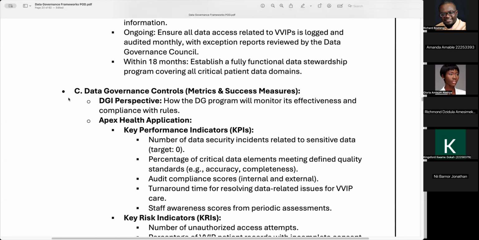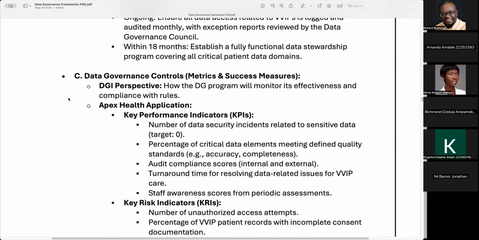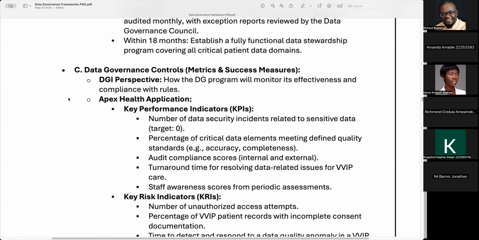Data governance controls, which DGI emphasizes as metrics, would be vital for tracking progress. Absolutely. KPIs would track things like the percentage of critical data elements that have defined quality rules and are actively monitored, the number of security incidents related to sensitive data with a target of 0, internal and external audit scores related to data governance, the average time taken to resolve critical data quality issues, and maybe staff awareness scores from training assessments.